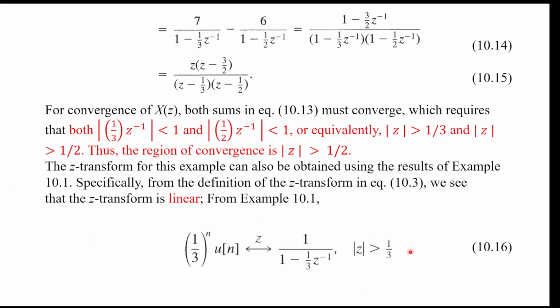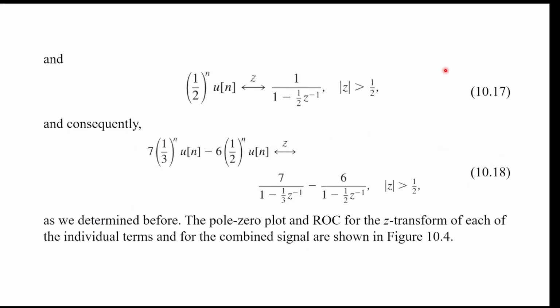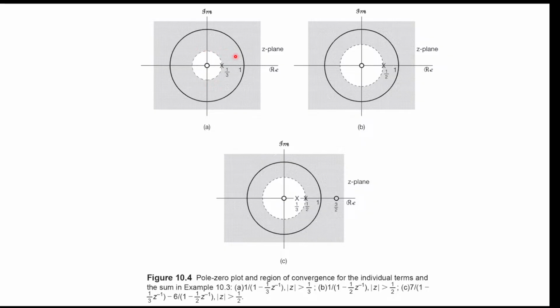Then the ROC of this will be greater than 1/3, the ROC of this will be greater than 1/2, and together the ROC is basically an intersection, because this is an easy example. But as we learned with the Laplace transform, a linear combination can have the ROC increase, because sometimes it will cancel a pole. But here the pole doesn't cancel, and we have the ROC just being the intersection of those two ROCs.